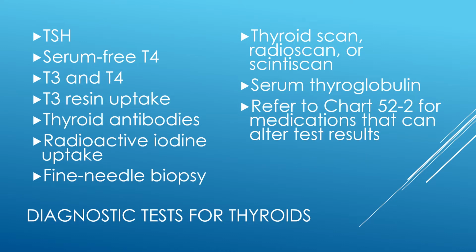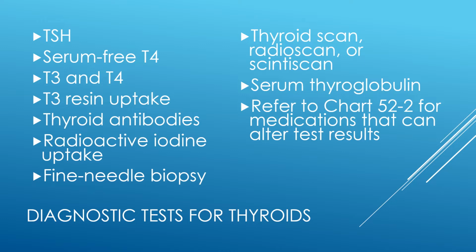So we're going to be monitoring the TSH, the serum-free T4, T3 and T4, T3 resin uptake, and thyroid antibodies, because you can actually develop antibodies against your own thyroid hormones. The patients who have cancer may have radioactive iodine uptake, which is part of detecting if there are thyroid cells left in the body.